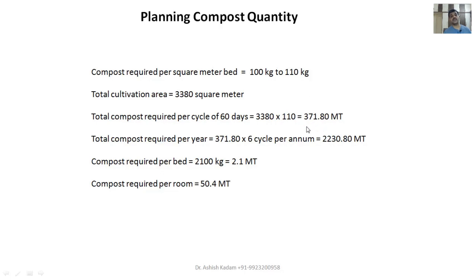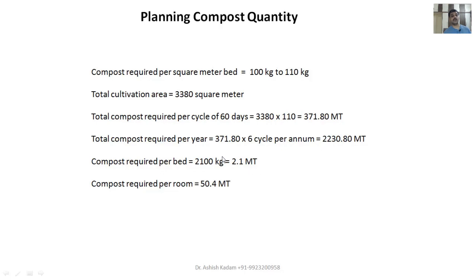So you will require around 371 metric tons of compost to fill all the 7 rooms. So this is the total quantity of compost we will require for a year: you will require 2230 metric tons of compost.